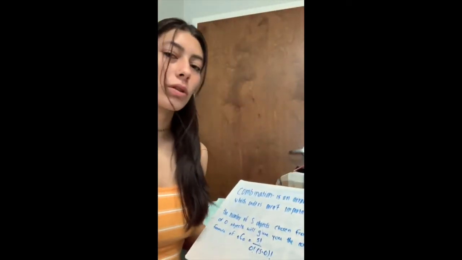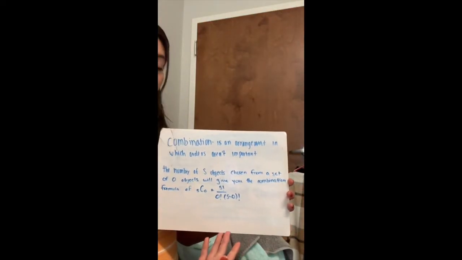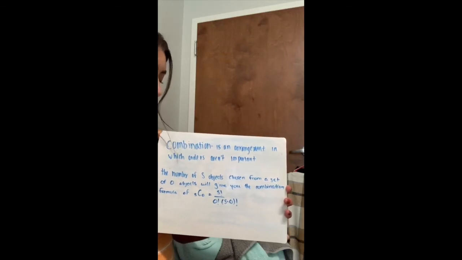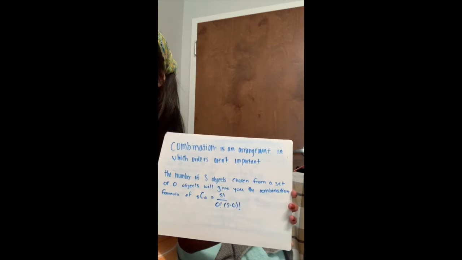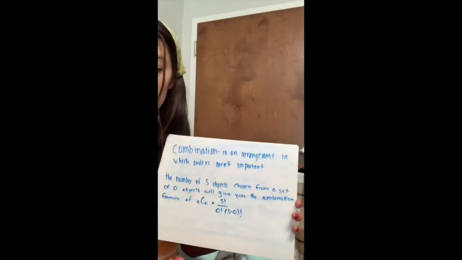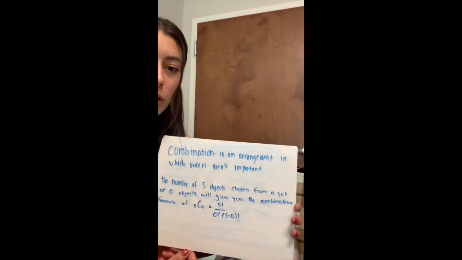So for our next question, 18, it's a little bit confusing on the formula, so don't feel nervous about it. It'll make sense with the example. But what we're working on is going to be a combination. So the definition of a combination is an arrangement in which order isn't important. So because it is a combination, when you read out the question that I'll show you in a second, you're going to realize this is a combination because there is no specific order.